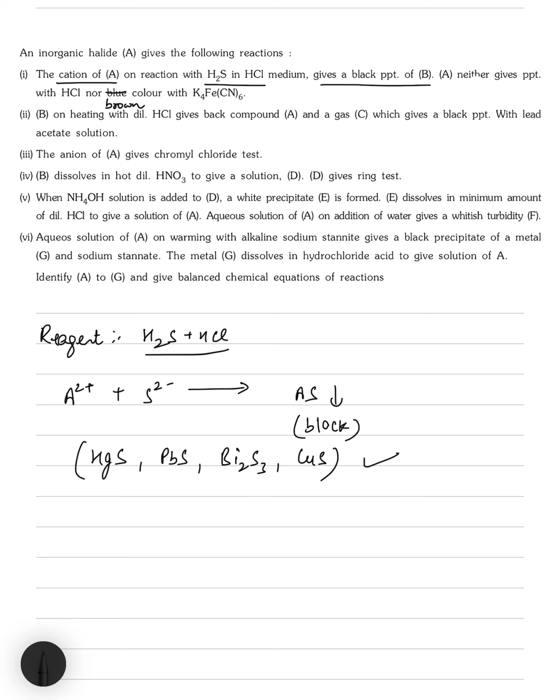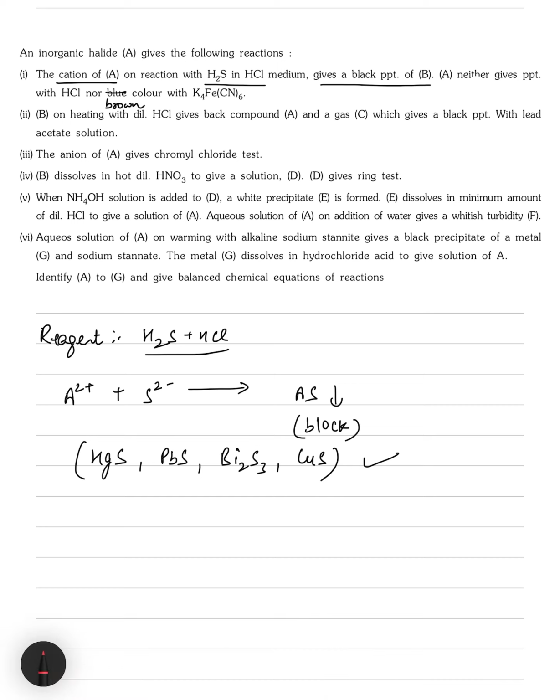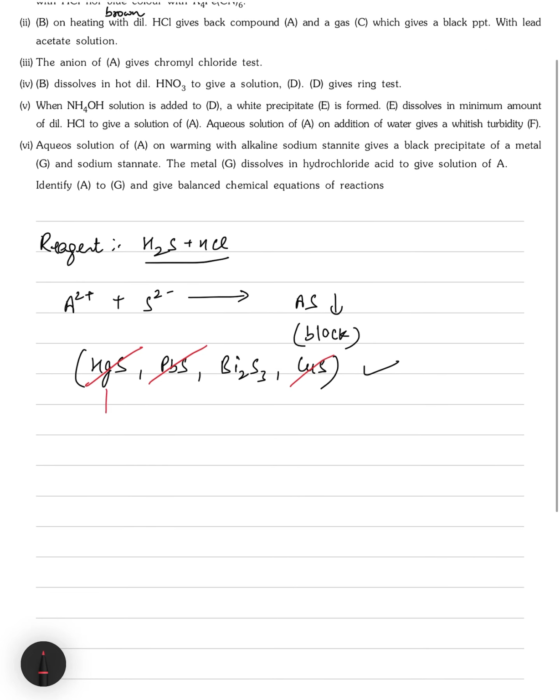Now the question says A neither gives a precipitate with HCl nor a brown color with K4[Fe(CN)6]. So if the cation A is not giving a brown color with K4[Fe(CN)6], we can easily eliminate the option of copper sulfide. HgS is basically Hg2+, PbS is basically Pb2+, and CuS is Cu2+.